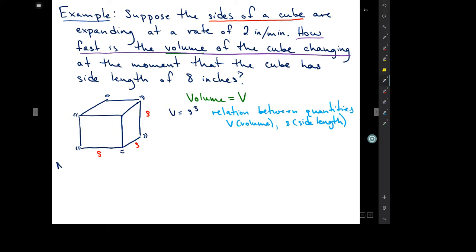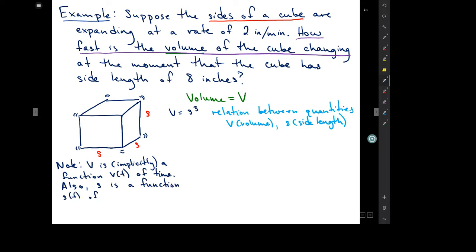So we note that it's implied in the problem, V is implicitly a function, V of t, it's a function of time. And similarly, we're told that the sides of the cube are expanding, they're getting bigger, so also S is a function, S of t, of time.